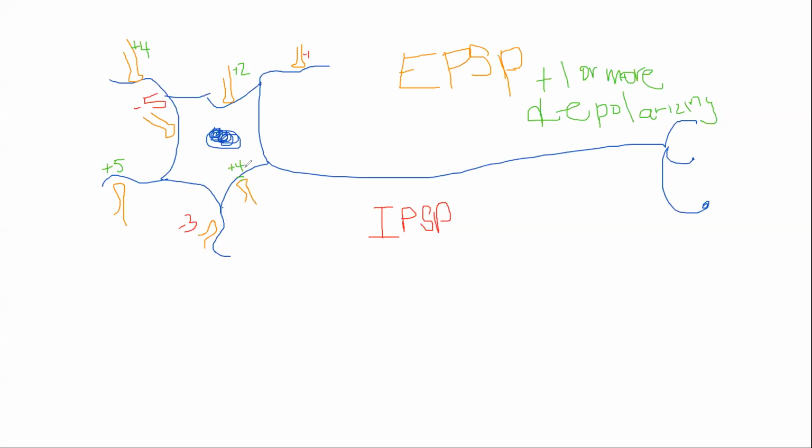Now an IPSP is going to be a -1 or more, and it's going to be hyperpolarizing.